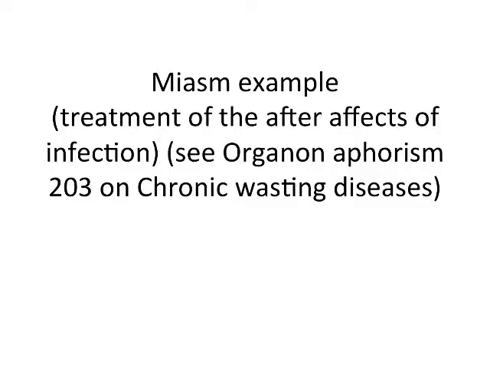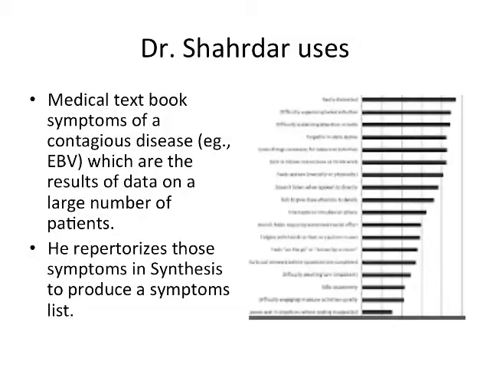And this is sort of the same thing as a miasm. The Organon is written way before the chronic diseases, but he's talking about the same kind of situation. The diseases become chronic. Okay, so I'm going to try to compare the 2 uses.